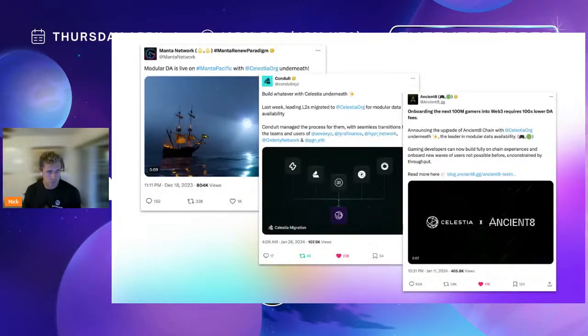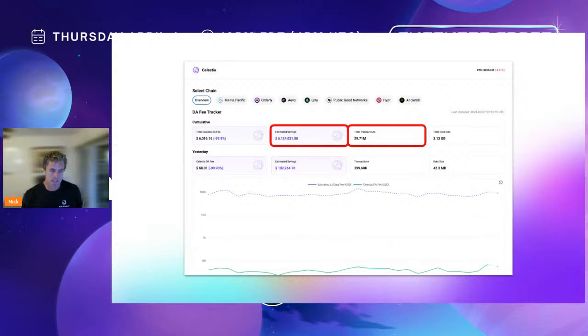And following Celestia's launch, a bunch of different Ethereum L2s basically migrated to using Celestia for DA. And the amazing thing is that it resulted in millions of dollars in cost savings across all these different rollups, and started to prove out this new reality that we're in, where all of a sudden you can run an application that has low price points.